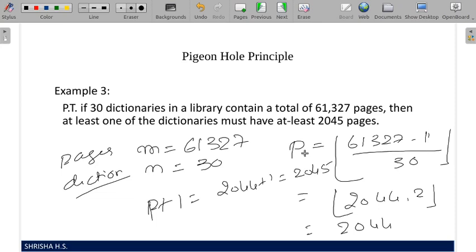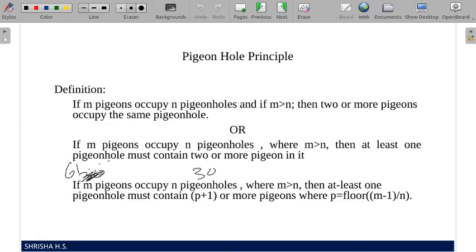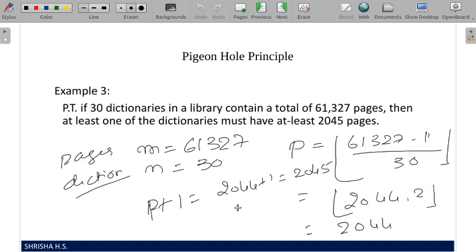Write the definition exactly: if 61,327 pigeons occupy 30 pigeonholes and m is greater than n, then at least one pigeonhole, here a dictionary, must contain p plus 1, that is 2044 plus 1, which is 2045 or more pigeons, or pages. That's how you write the answer.